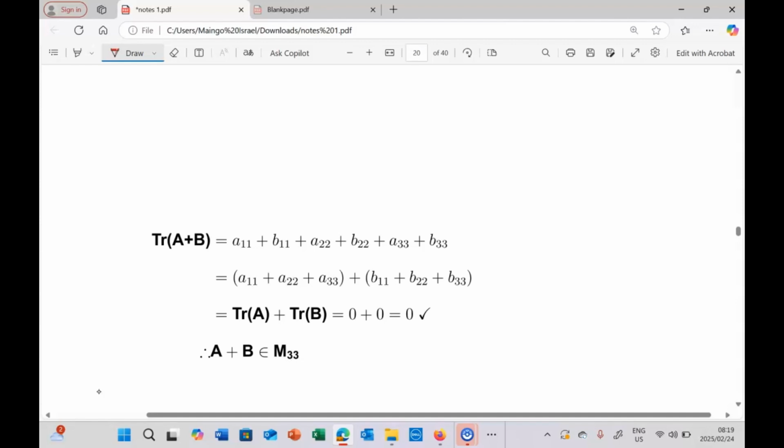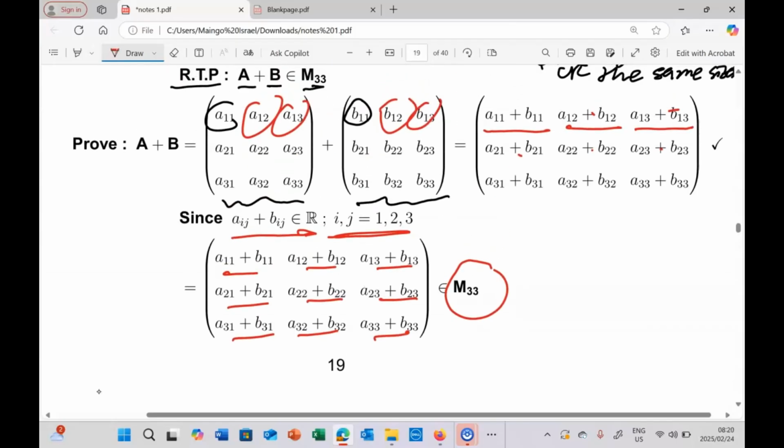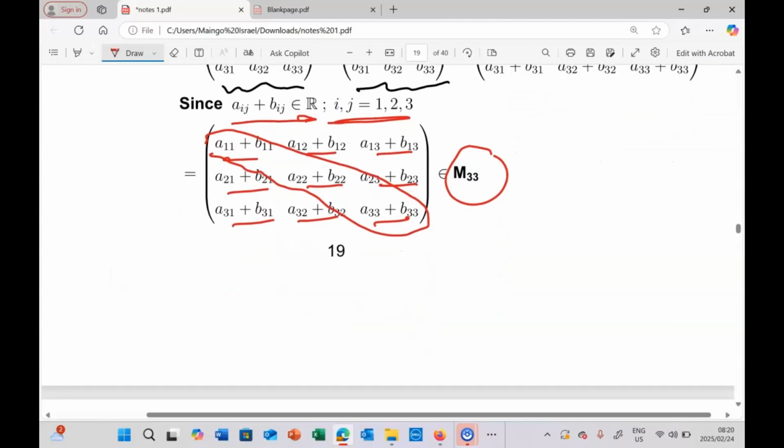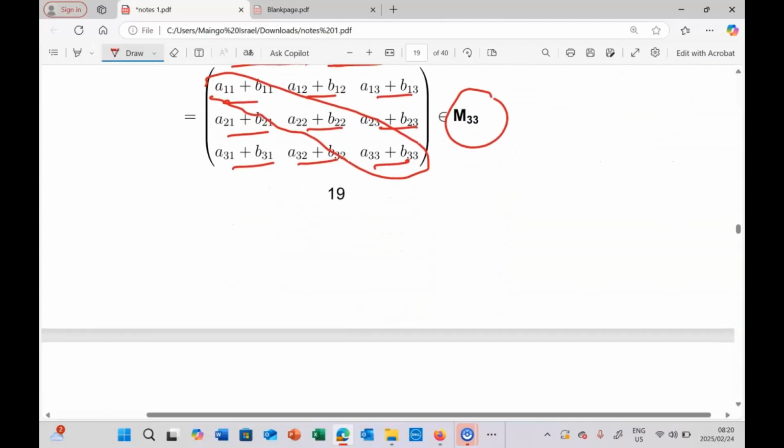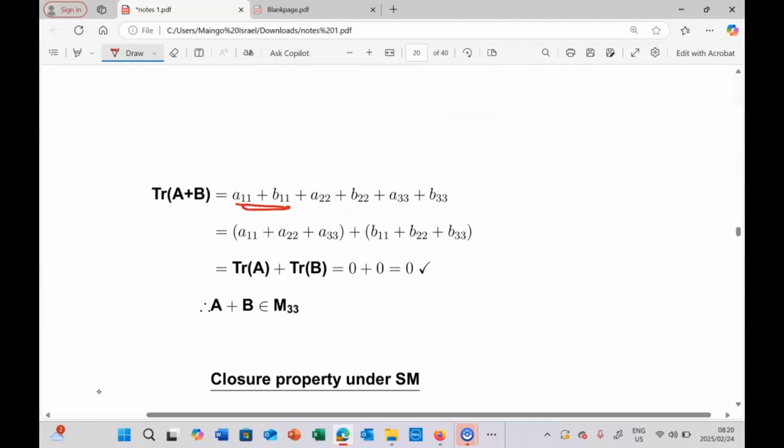So the trace of A plus B is just these diagonal elements: a11 plus b11, a22 plus b22, a33 plus b33.